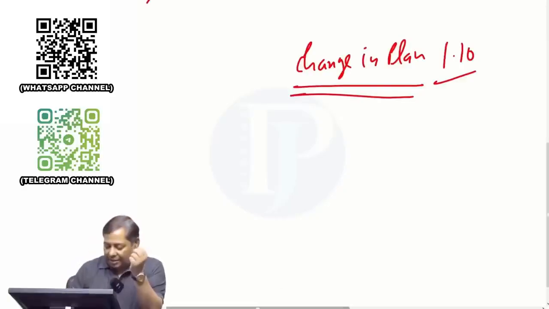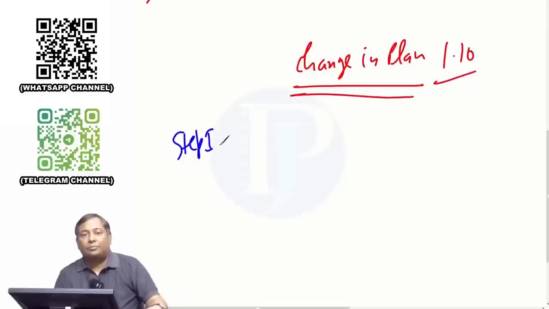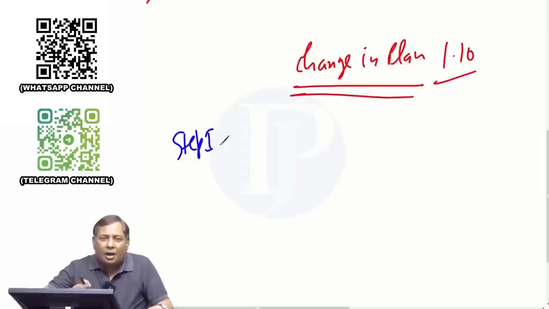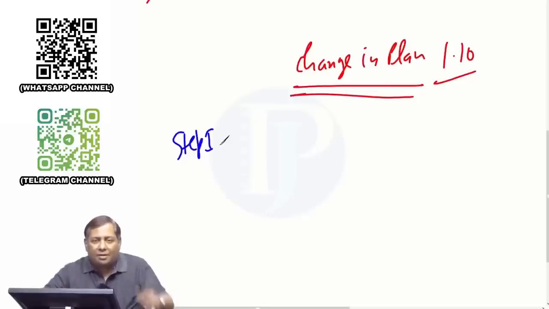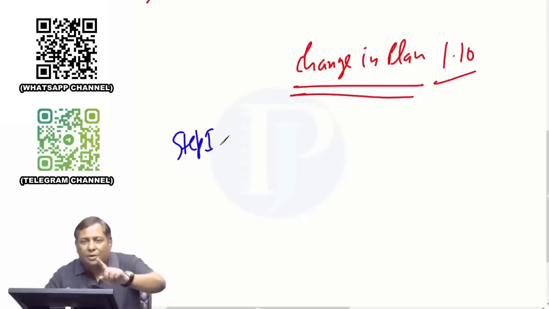So let me tell you the process, the first step. So repeat the steps again. Step 1. They say, if these assets, listen to me carefully, if these assets of yours were not included in 105, then check what would have been the carrying amount.